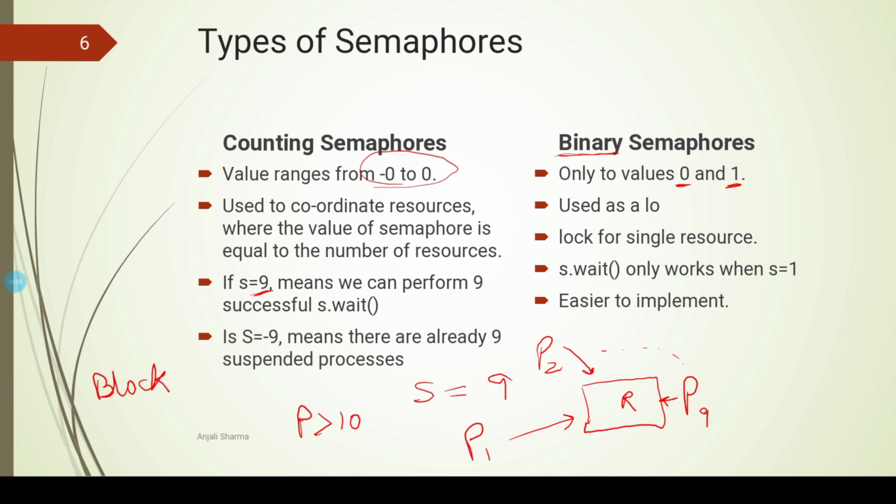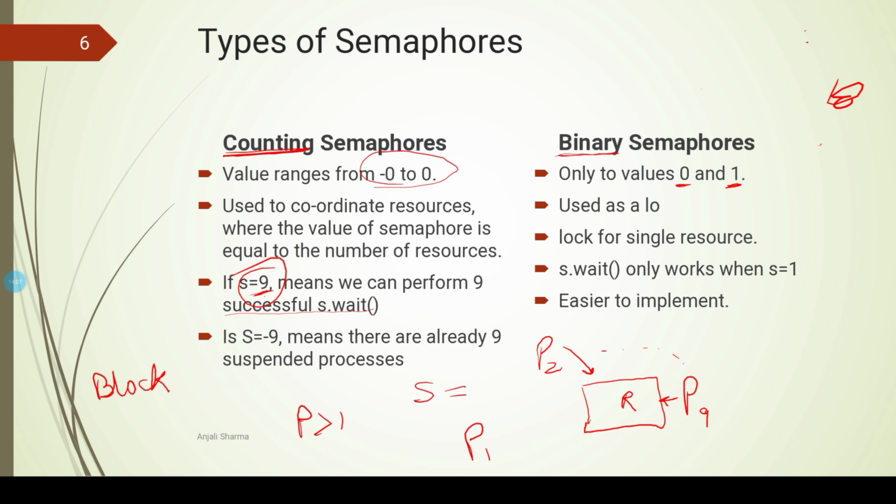So a counting semaphore allows multiple processes to access a resource. How many processes? The initialized value. Here if I say that s = 9, it means that we can perform 9 successful wait operations.